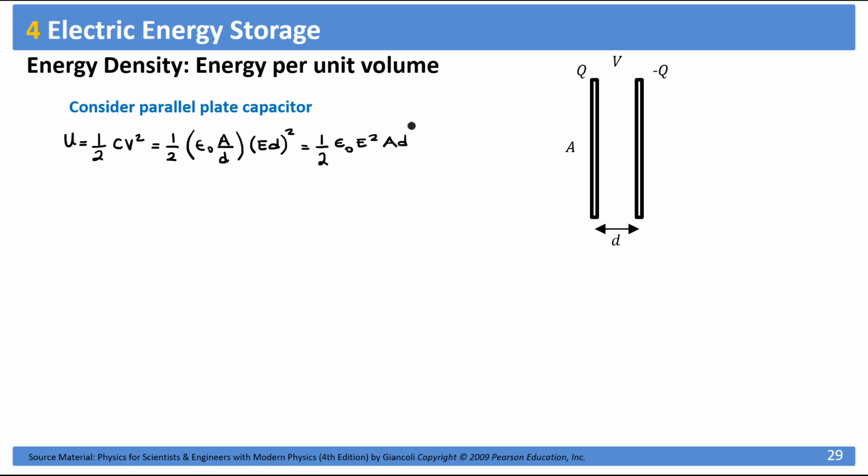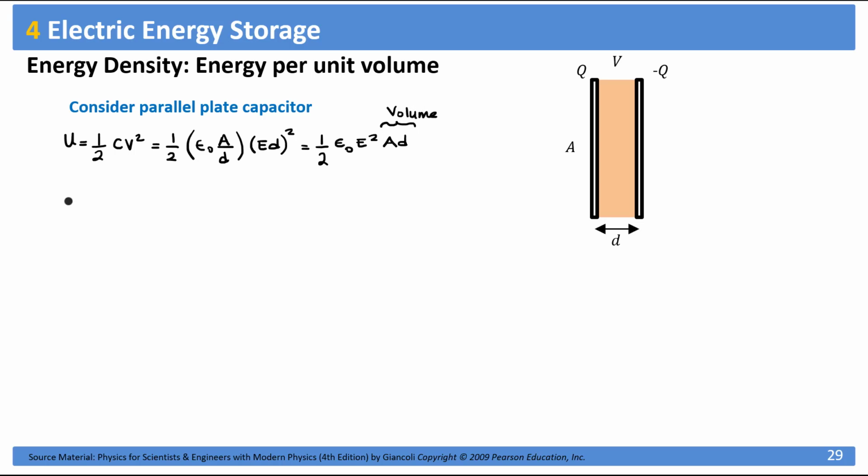But now my question to you is, what is A times D? A, remember, is the area of these plates, and D is the distance between them, which basically is going to give us the volume between the plates of the capacitor.